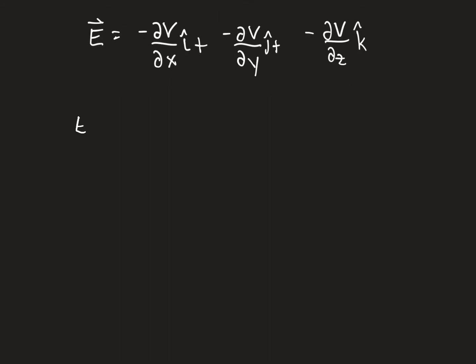Let's find Ex first. That's going to be negative partial derivative of V with respect to x, and it'll be in the i hat direction.